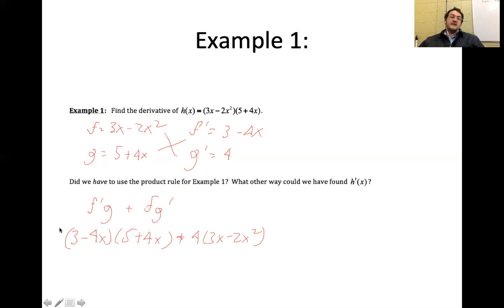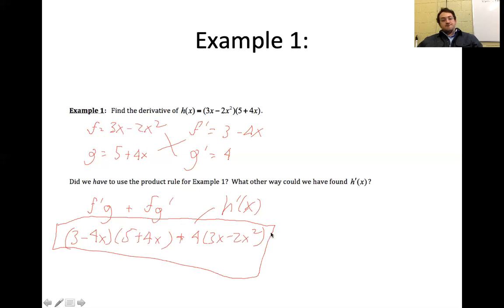And that gives me a derivative, and I would link this to your h prime of x. If you left it like this, this shows me that you know the product rule, so you're good. And they will even accept that type of answer on your Delta Math as well.